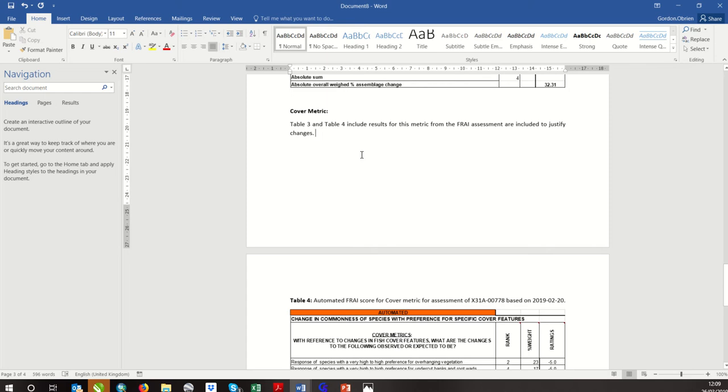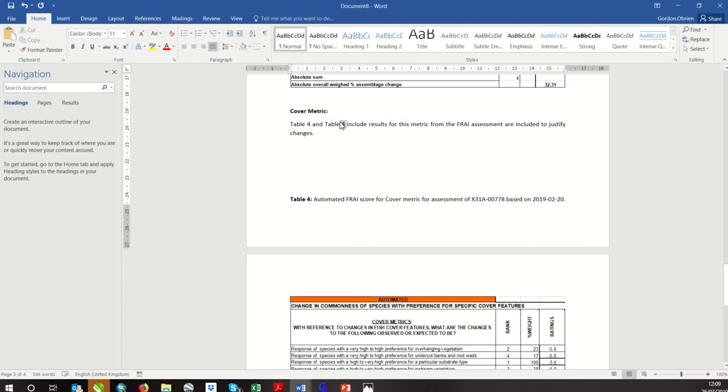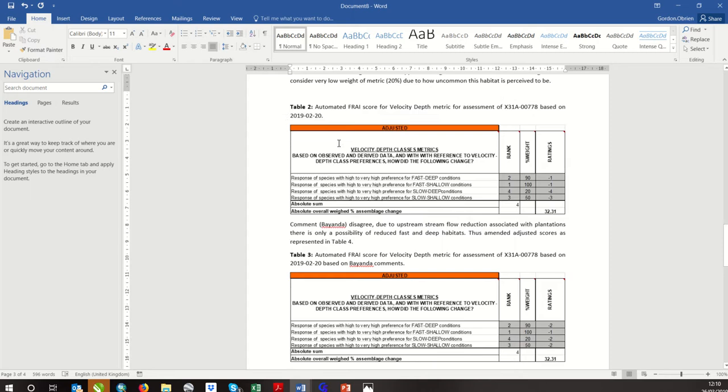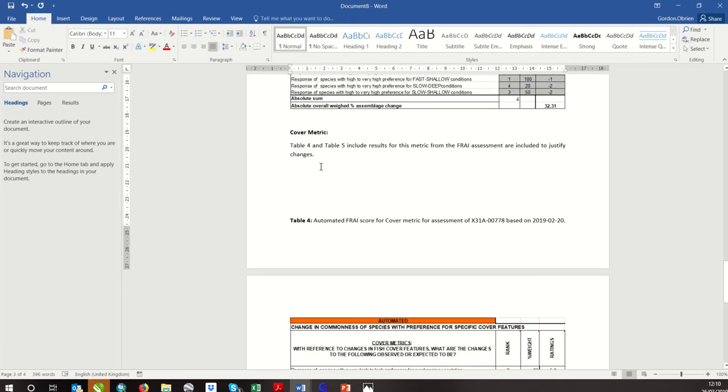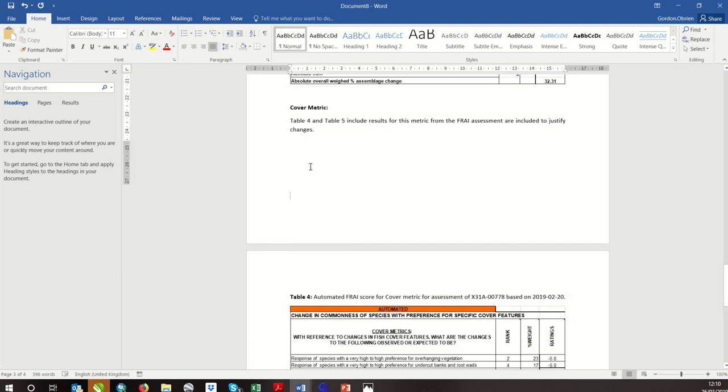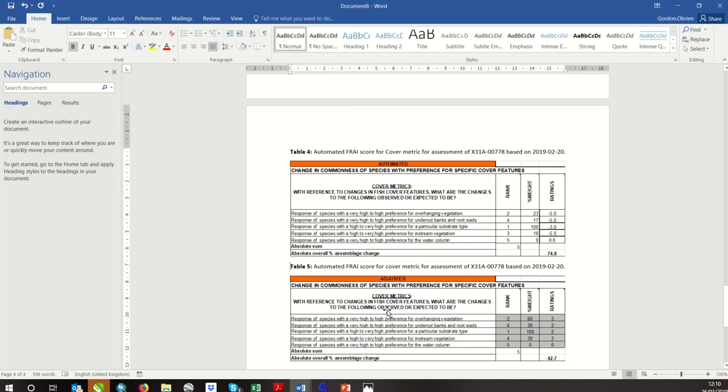Table 3 and 4 include results for the metric of the fire justifier changes, and this is going to be table 4 and 5, and this one, by the way, is 1 and 2. Yeah. Okay, what are we arguing again? So let me just put the automatic score there. No, I want to keep it on the next page.